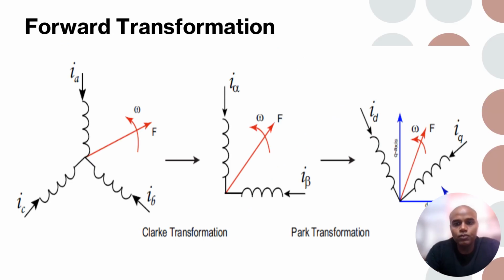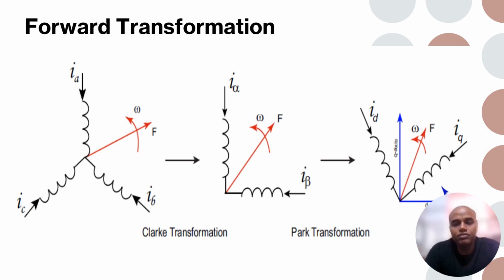To do so, we have to do the forward transformation. In the FOC, we have to do two transformations. One is the forward transformation, where we convert the stator currents into the rotary frame.